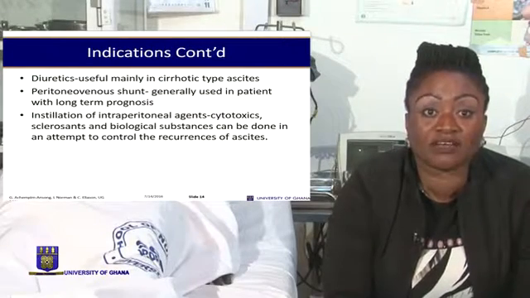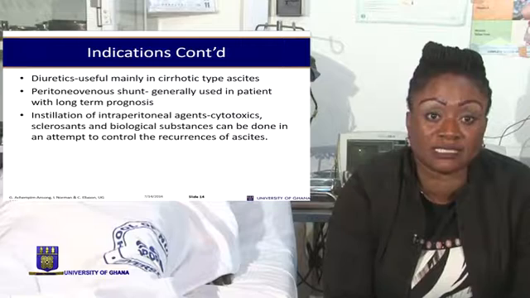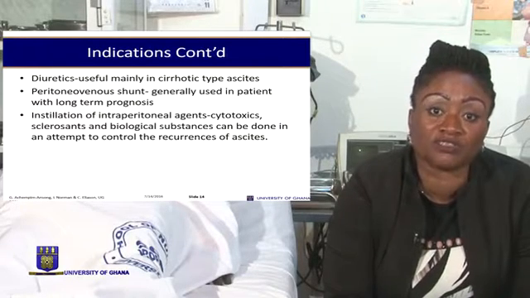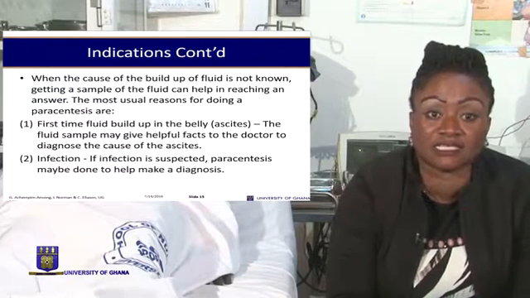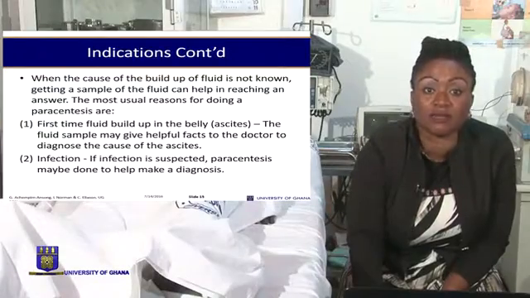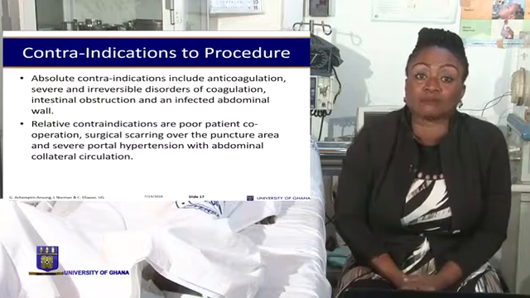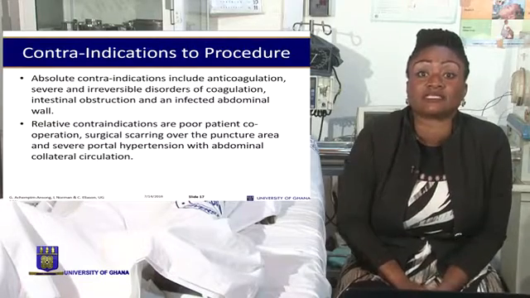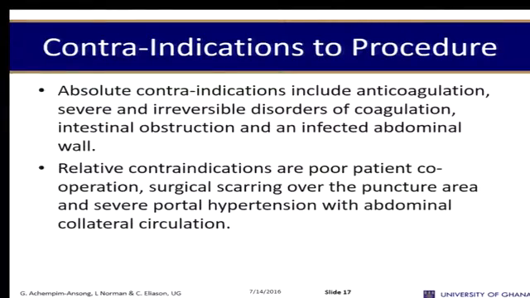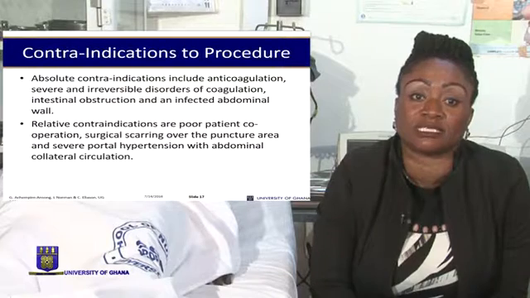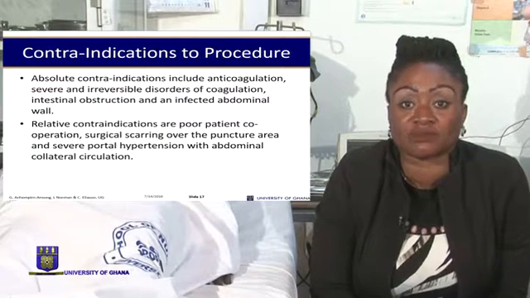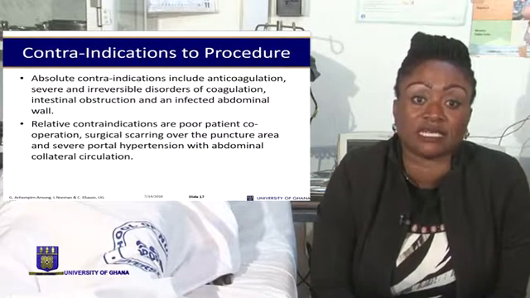It may also be done for diuretic purposes and installation of peritoneal agents, as in installation of cytotoxic medications. It is, however, absolutely contraindicated in anticoagulation, severe coagulopathies or problems with blood clotting, and severe and irreversible disorders of coagulation.